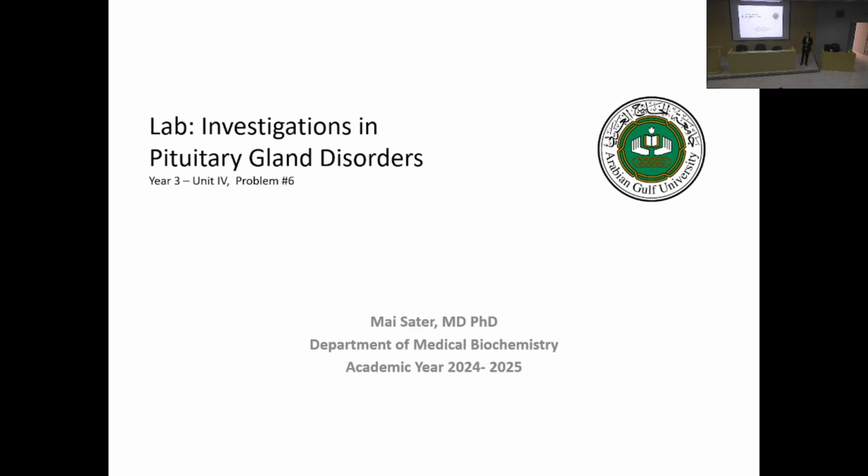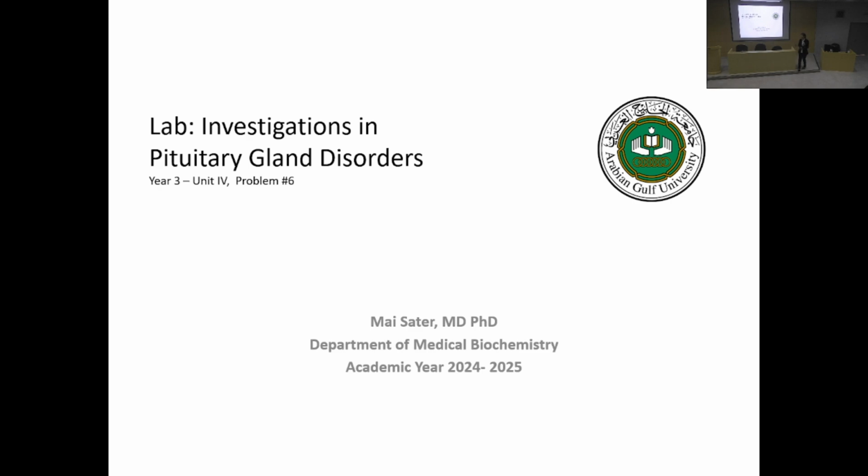I think we can start, right? All right, so I'll briefly talk about the pituitary hormones. I think you all know at this stage from your problems, from your triggers, and from previous problems as well. Whenever we talk, for example, about thyroid, we mention some pituitary hormones like TSH. We talked about cortisol. We mentioned pituitary hormones like ACTH.